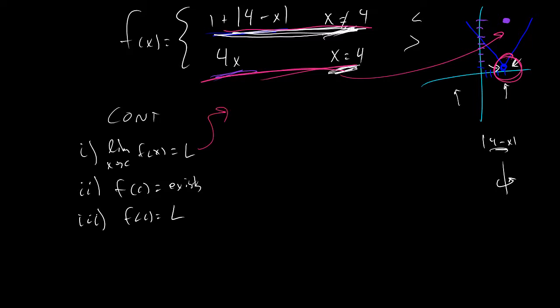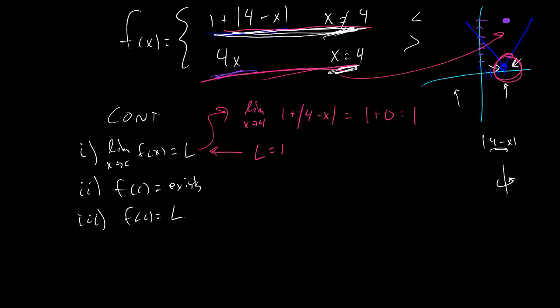Right hand side and left hand side all deal with the top function. The first thing we always try to do is plug in. So the limit as x approaches 4 of 1 plus the absolute value of 4 minus x is 1 plus 0, which is 1. So I know that L is equal to 1, my limit value.